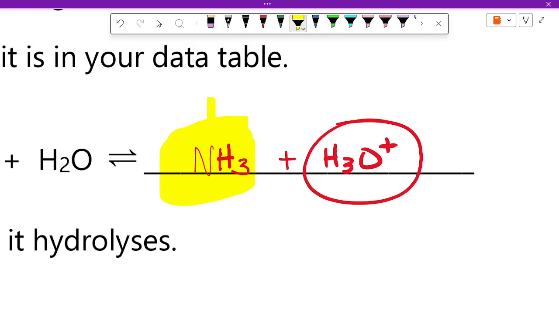Is it basic? No. Anytime you have an acid, you make a base, right? That's just what acids do. They always make their conjugate base. You have to look and say, did it produce hydronium or did it produce hydroxide? You can't look at the substance produced and say, oh, it's a base. No. Okay.